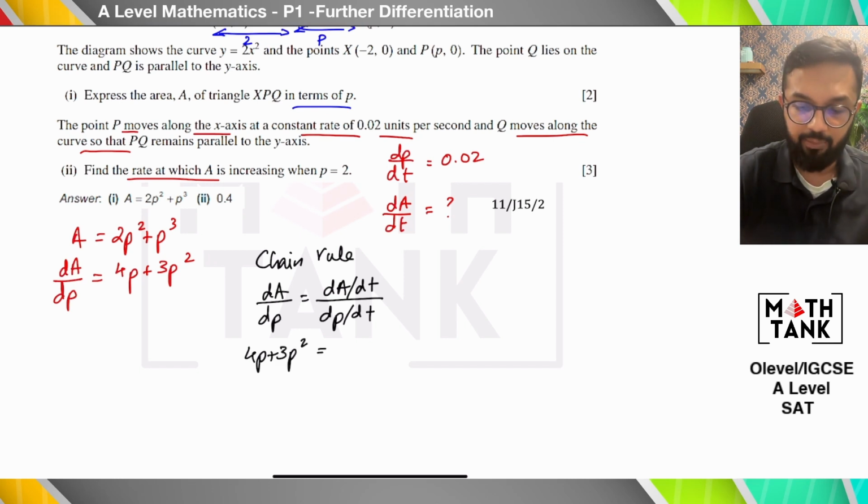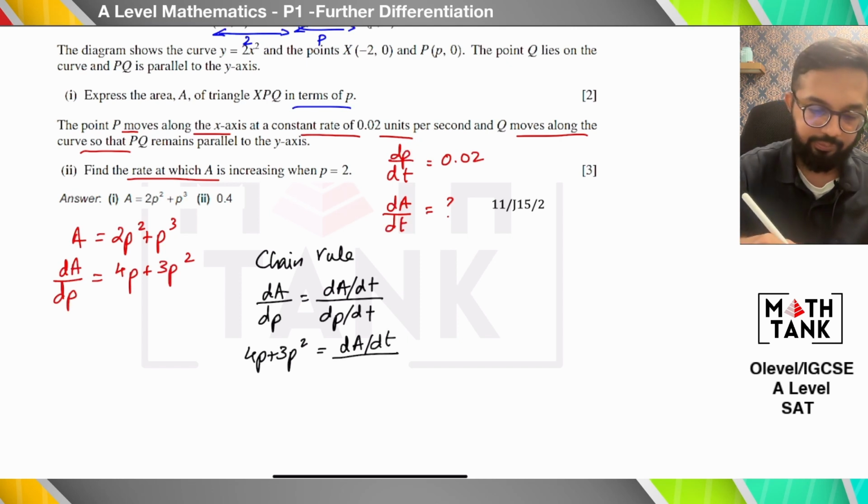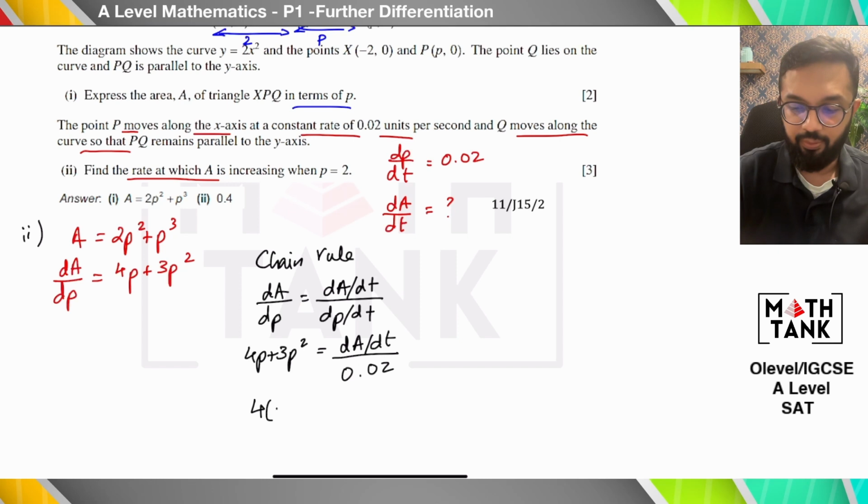dA over dt is something that I'm trying to find, and dP over dt was 0.02. So I'm asking you when P equals 2. So 4 times 2 plus 3 times 2 squared.